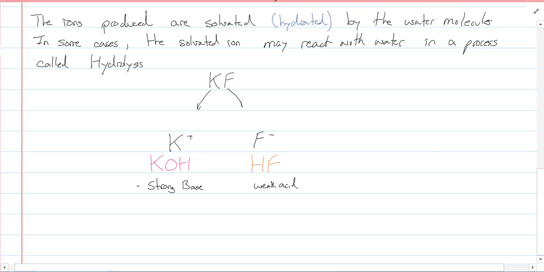So we draw that fluoride again, and it had its waters, octahedrally. Fluoride is a weak base.